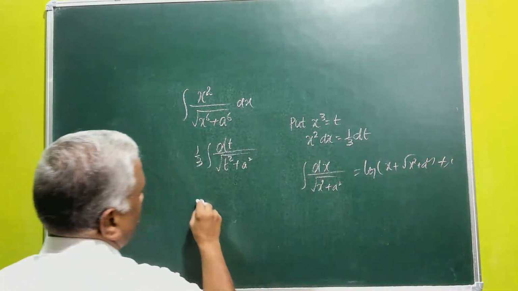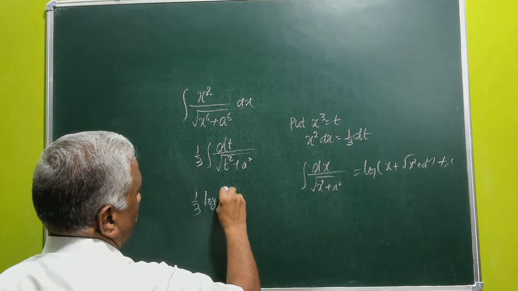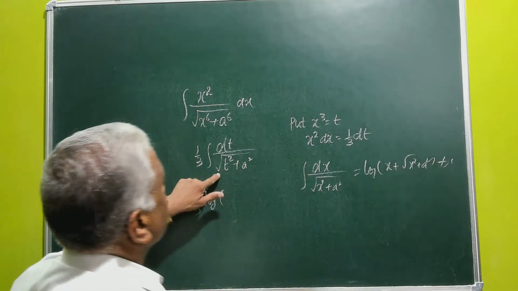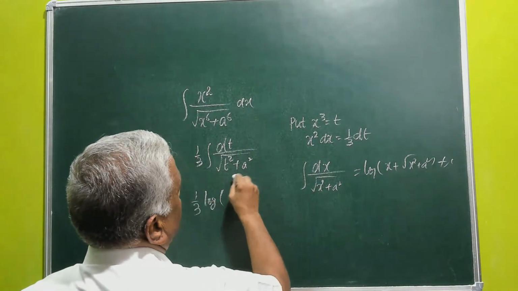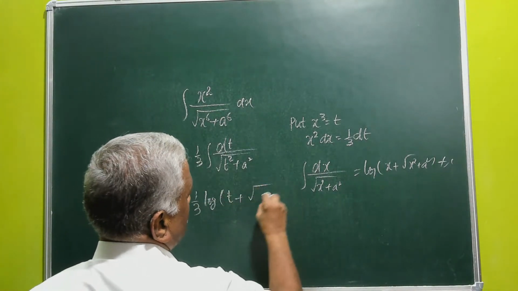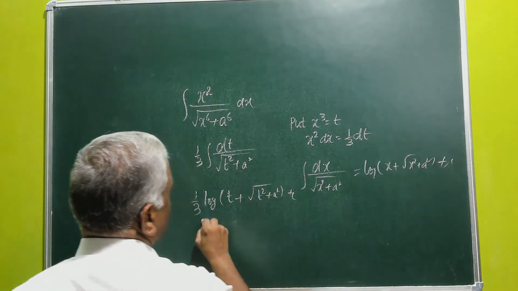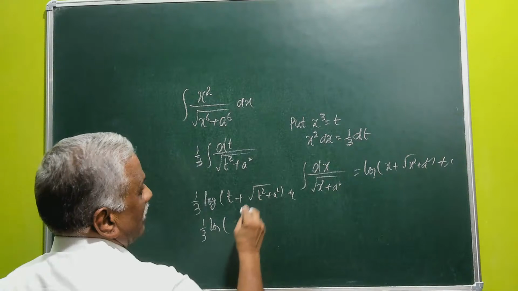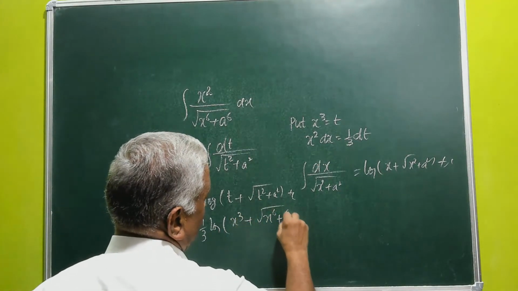Use that: 1 by 3 log of t plus root of t square plus a square. And substitute for t. What is t? t is x cube, so x cube plus root of x to the power of 6 plus a to the power of 6.